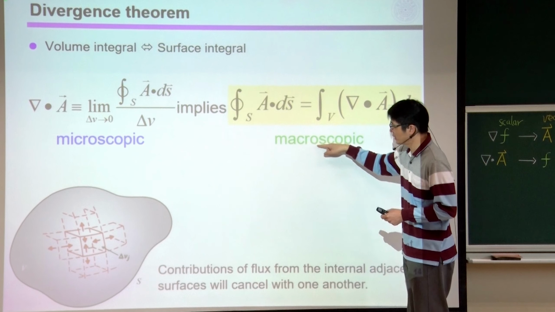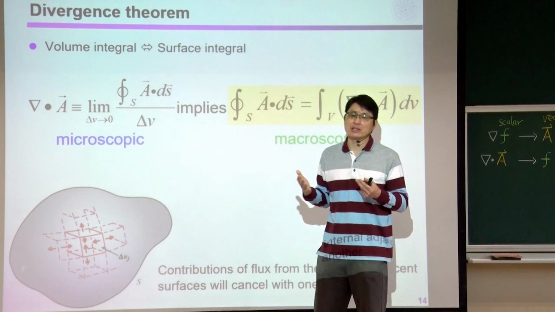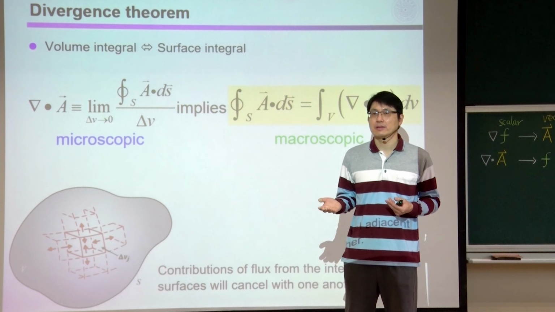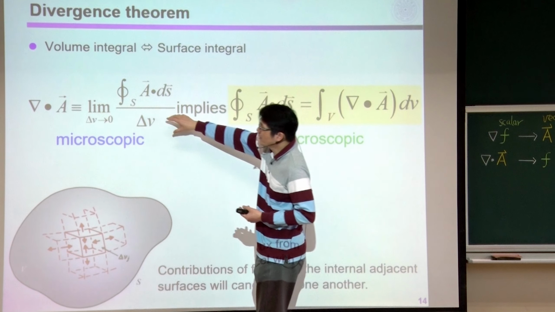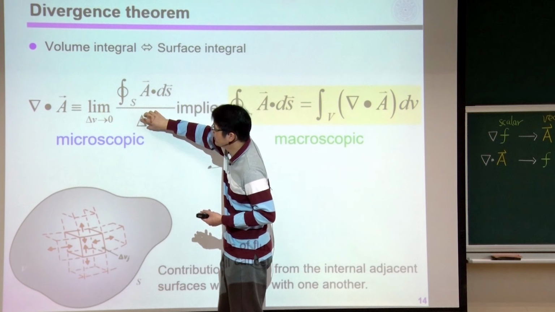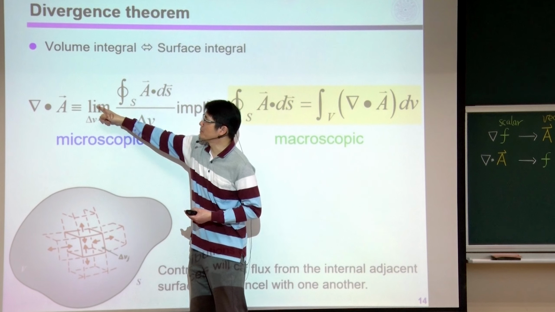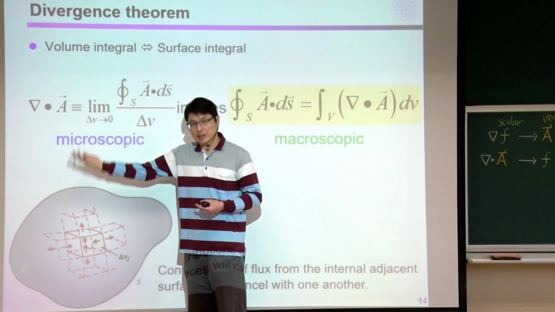What if I only care about the macroscopic view, whether this entire structure is acting like a flow source or a sink? Well, can we move this delta V to the other side and change this limit to an integration?